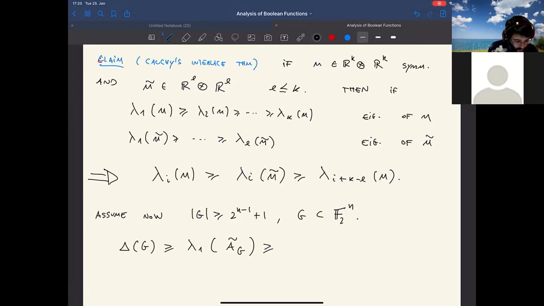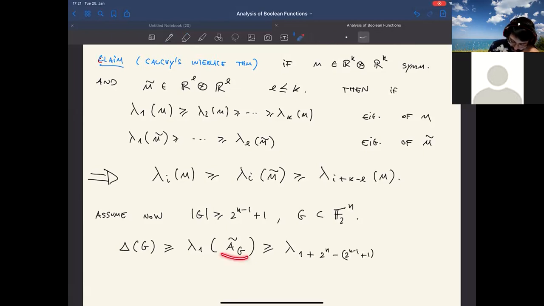However, this is greater or equal by the interlacing theorem than lambda of 1 plus 2 to the n minus 2 to the n minus 1 plus 1.